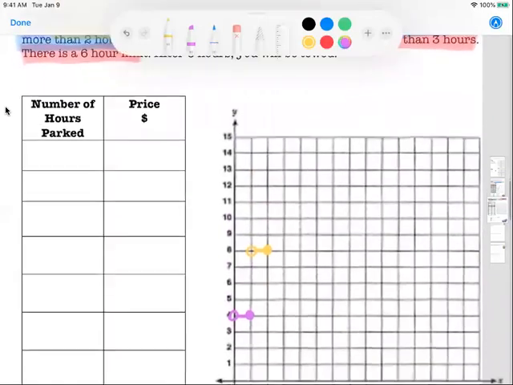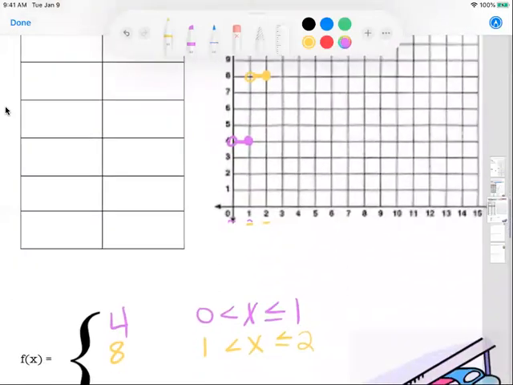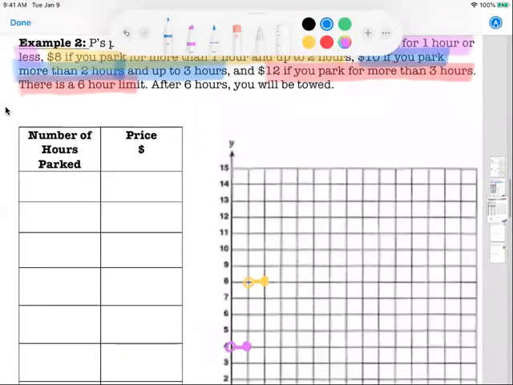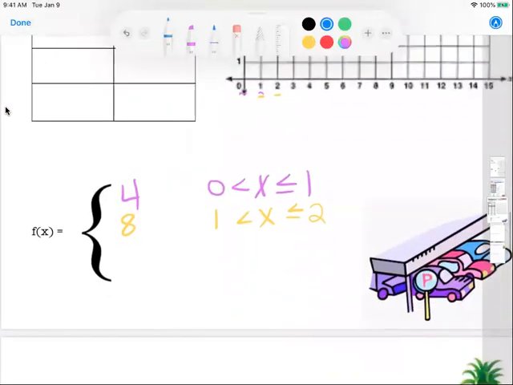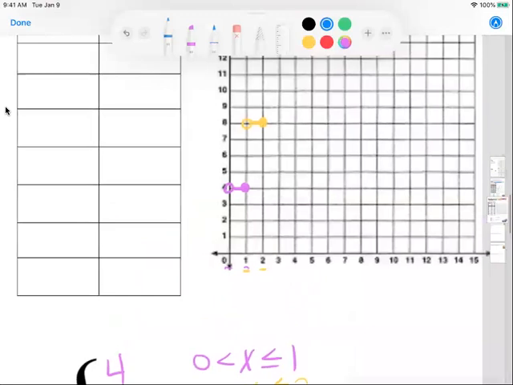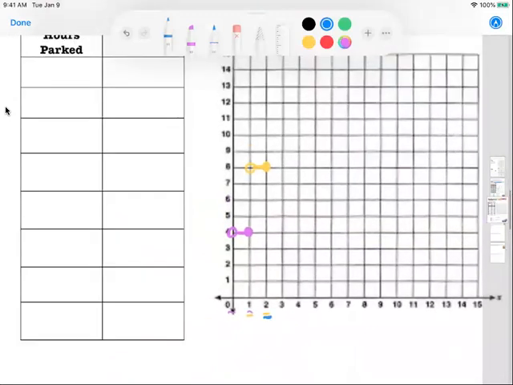All right, now the third piece, it says $10 if you park more than 2 hours and up to 3 hours. And we'll say that includes that 3 hours. So it was $10 for anything more than 2, up to 3, including 3. So from 2 to 3 now, it costs us 10.